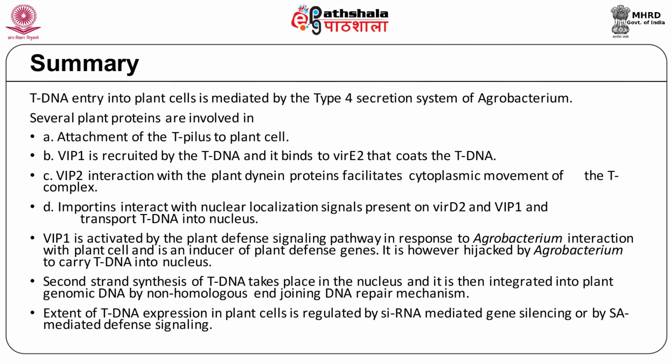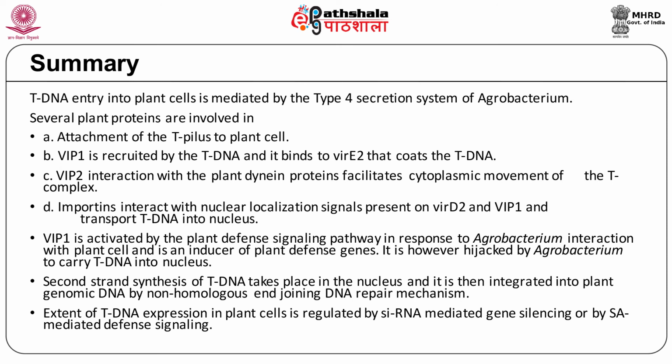The module can hence be summarized as follows. tDNA entry into plant cells is mediated by the type 4 secretion system of Agrobacterium. Several plant proteins are involved in attachment of the T pilus to plant cell. VIP1 is recruited by the tDNA and it binds to VirE2 that coats the tDNA. VIP2 interaction with the plant dynein proteins facilitates cytoplasmic movement of the T complex.